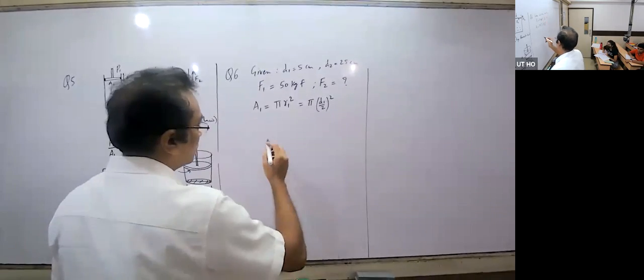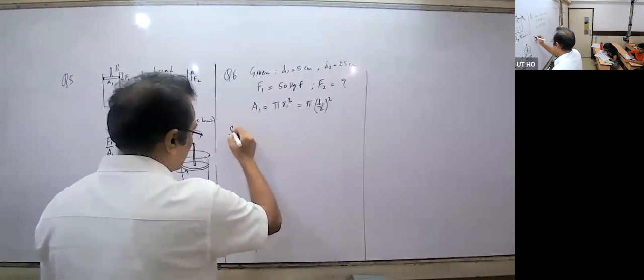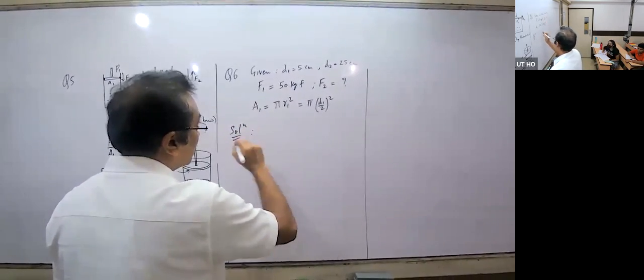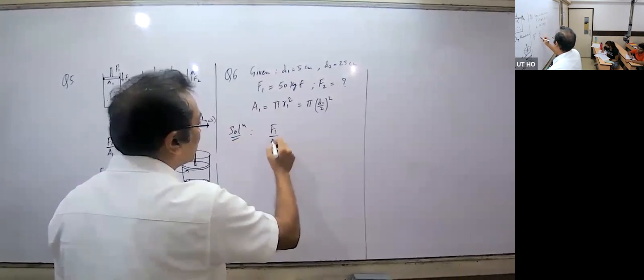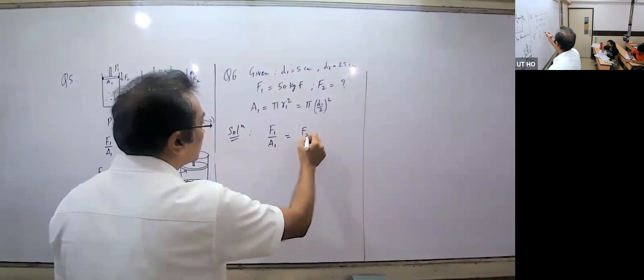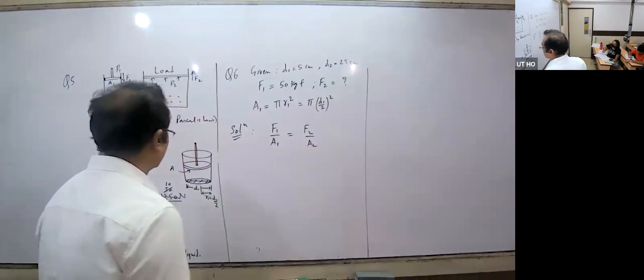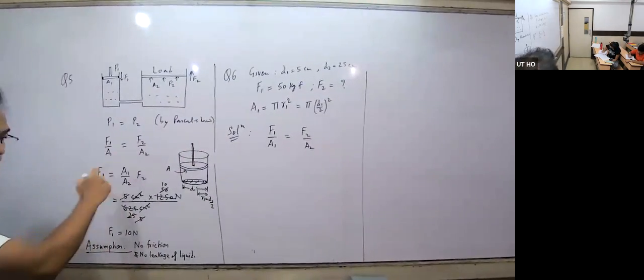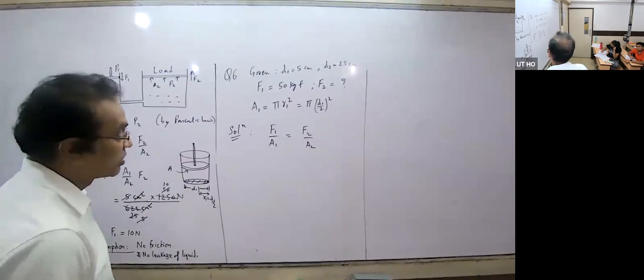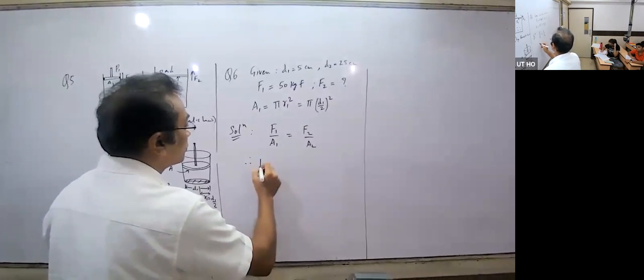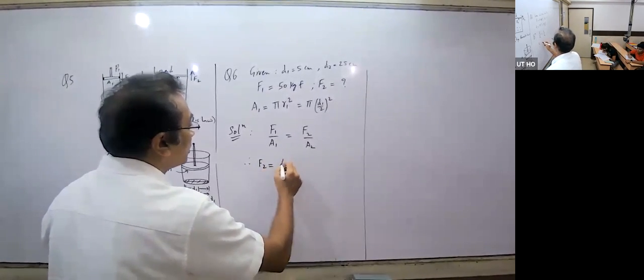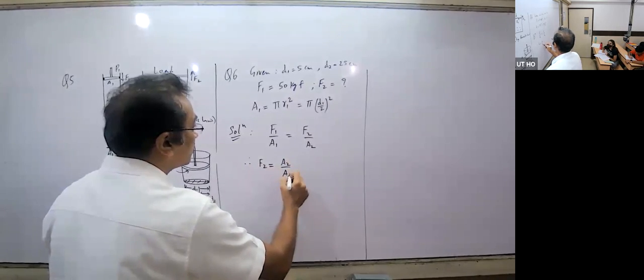Okay, so solution. For a hydraulic machine, F1 by A1 is equal to F2 by A2, right? Same logic, P1 equal to P2. So we have to find F2, therefore F2 is equal to A2 upon A1 times F1.